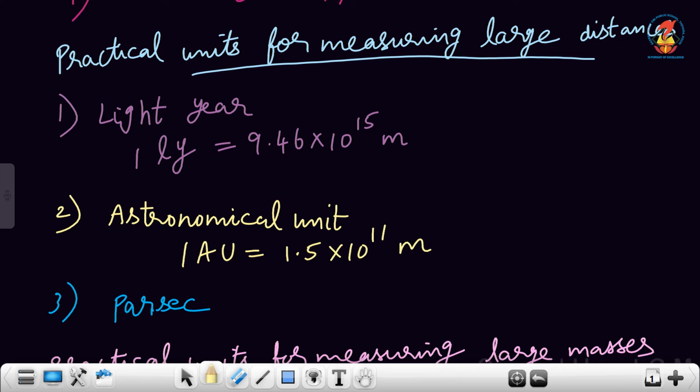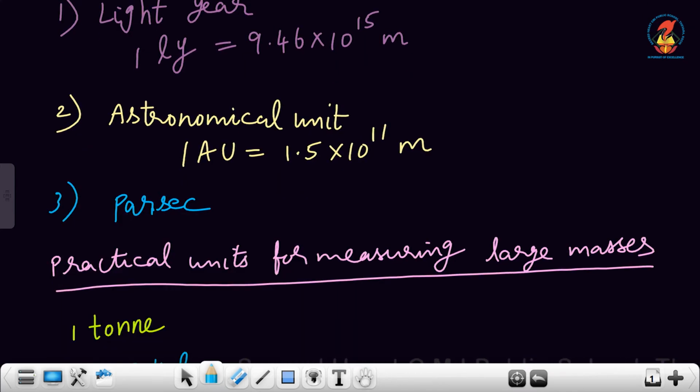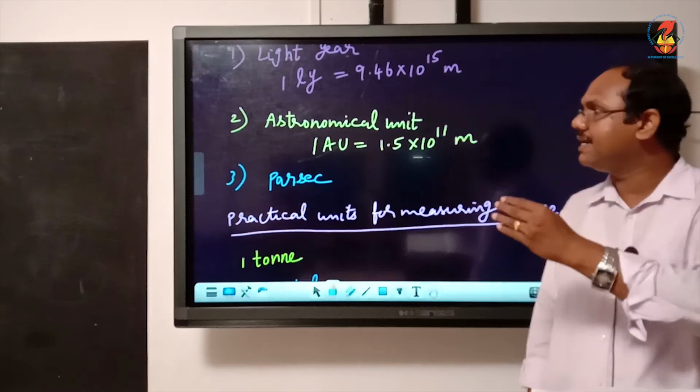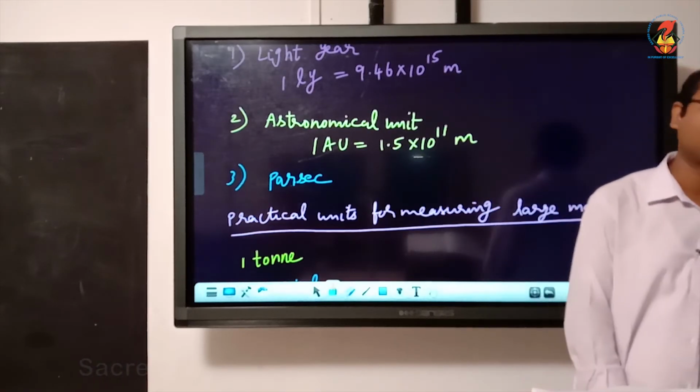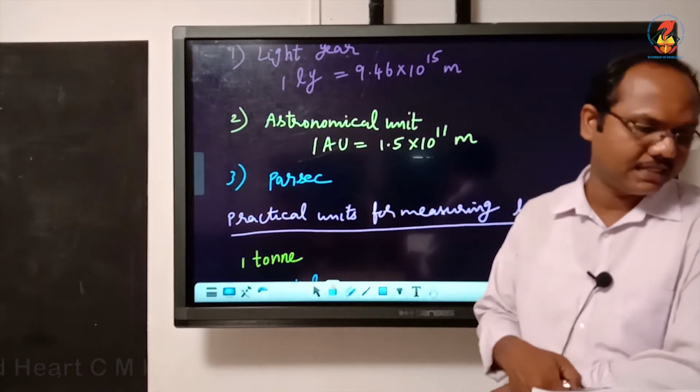Now the last thing is Parsec. Parsec is the largest unit of measurement. So we have light year, astronomical unit, and Parsec. Parsec is the largest practical unit of distance.